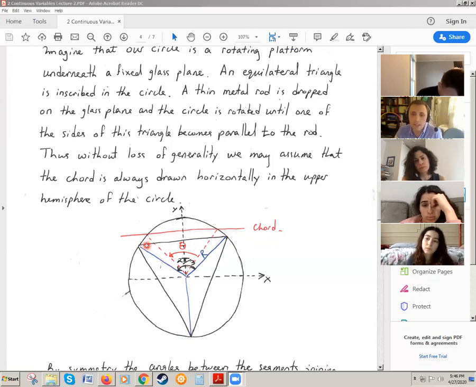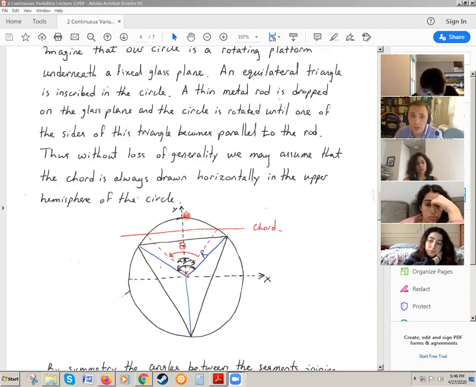Yes, and then the chord is equally likely to fall anywhere on the y-axis from this point, a distance r, all the way to this point, a distance 0. So the point on r is then equally distributed. That's one interpretation of randomness.